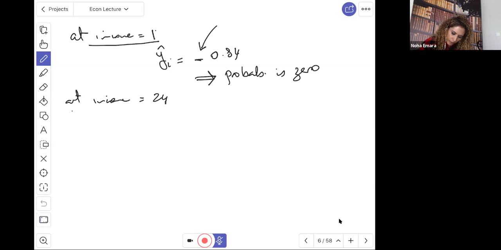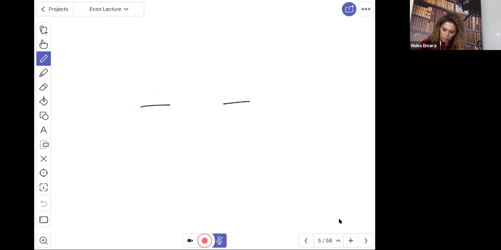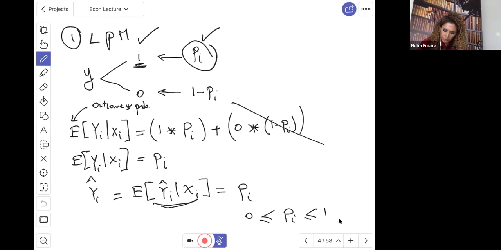What about at income of 24? I'm going to plug in 24 for income. I'm going to compute the y i hat, which is equal to 1.5. Again, I know that based on what I've said before, a probability is bounded between 0 and 1.